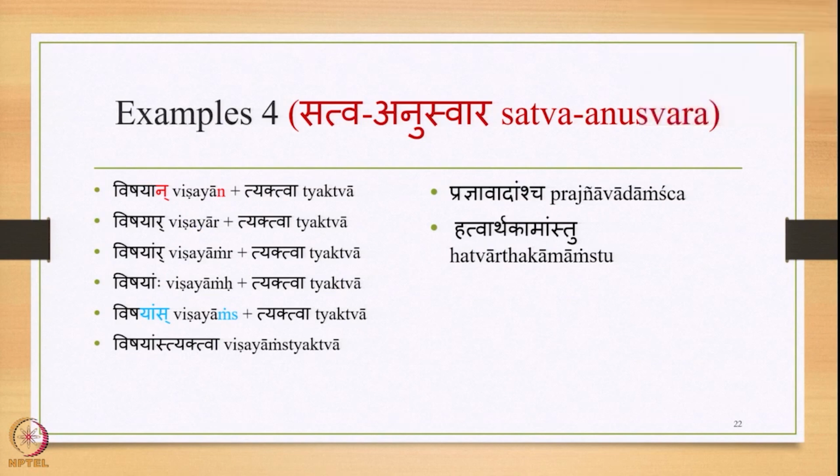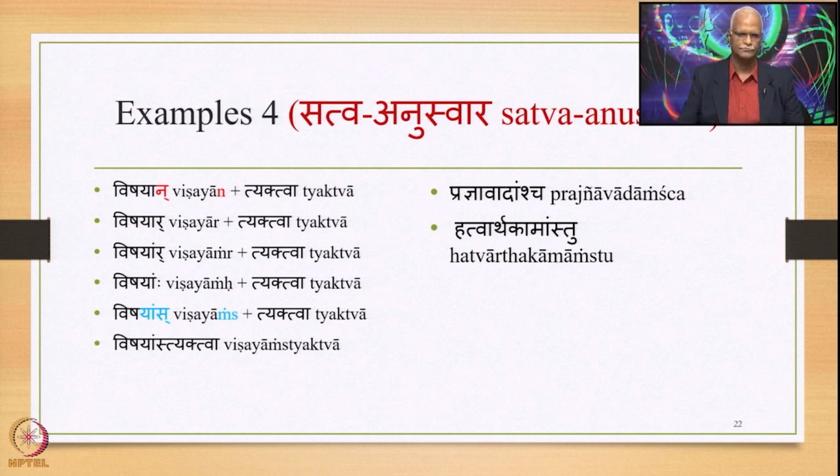Then there are examples of Sattva Anuswara Sandhi. For example, Vishayans Tyaktva. So we have Vishayan and Tyaktva. This na comes at the end of the pada, followed by this ta. And so this na, Naścavyaprāśan. This ta is substituted by ra, and then this ra is preceded by an anuswara. Then this ra is substituted by a visarga.